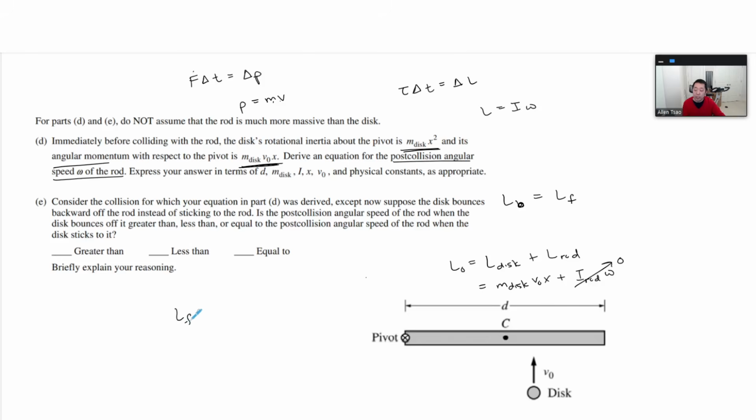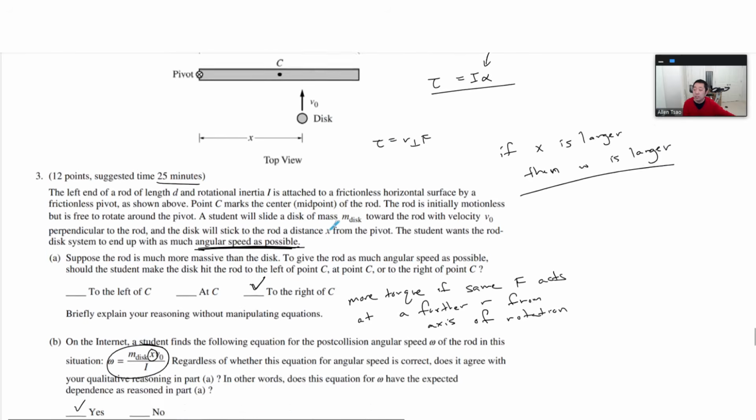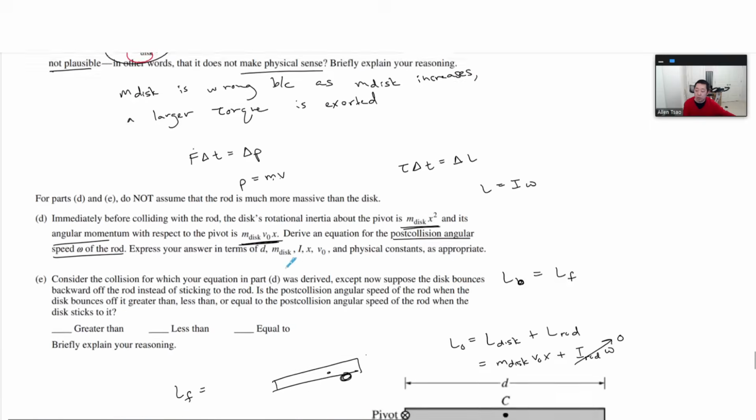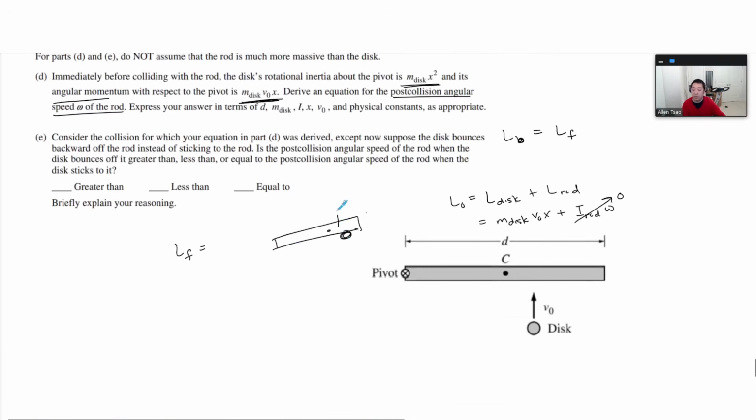Then the final angular momentum is afterwards, when they're both moving together. What they said in this problem is that the disk will stick to the rod. Okay, cool. It sticks to the rod and it moves together. So now it's equal to I omega. But here you have to use the I of the whole system.